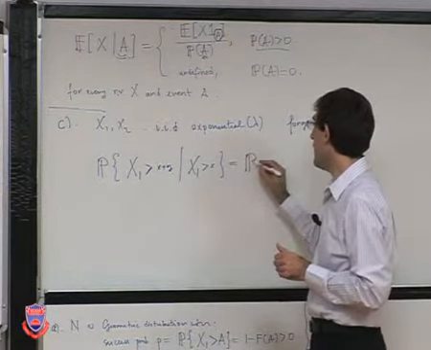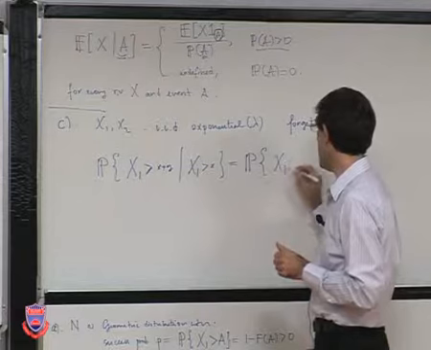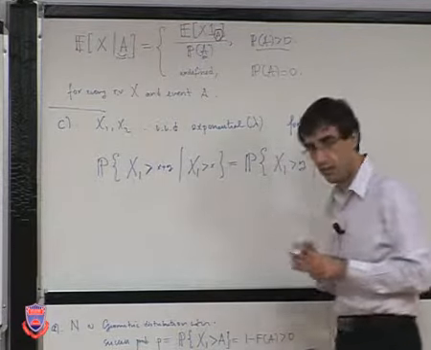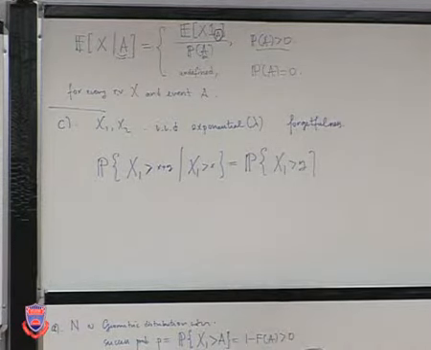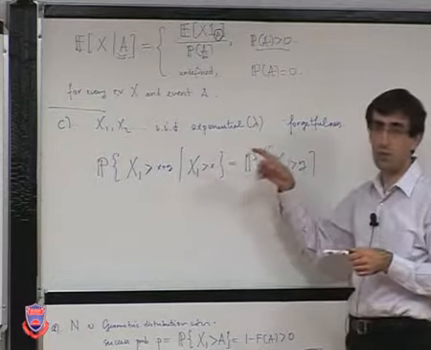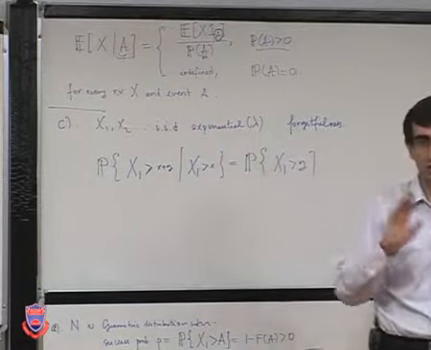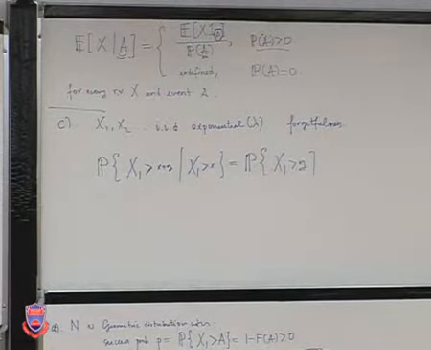The guy instantaneously forgets what you have just said, and it is just the probability that x1 is greater than y. Right? So this happens only for the exponential random variables among all continuously distributed random variables.